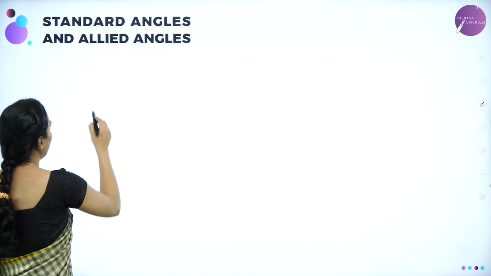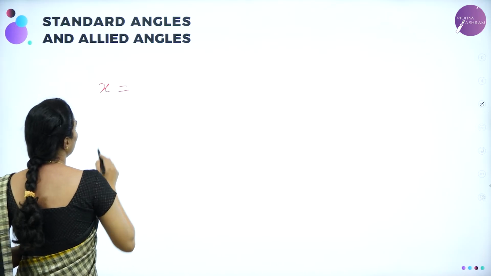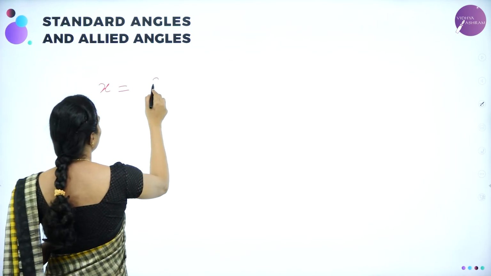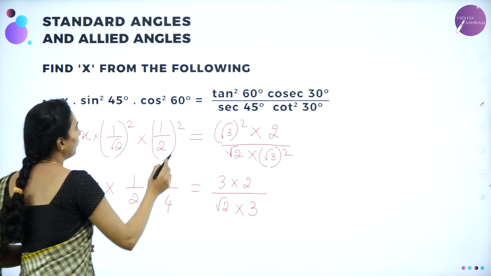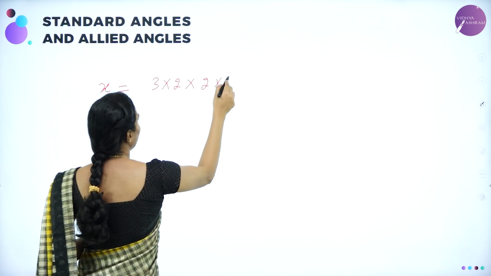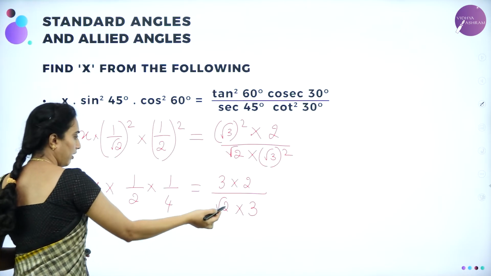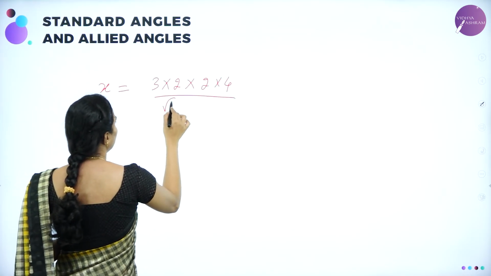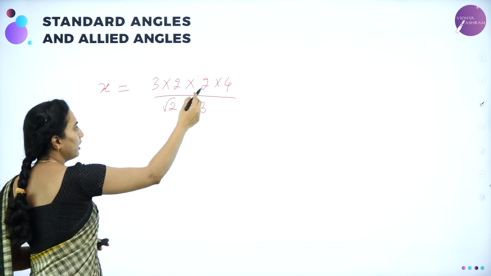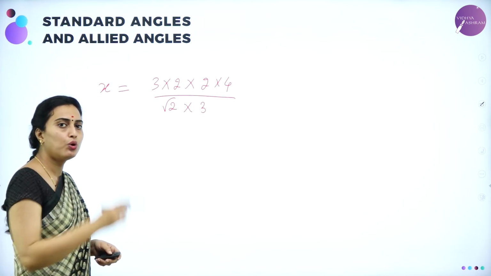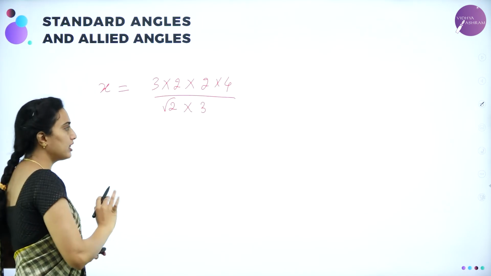Let me cross multiply. x will be equal to, what are you having? 3 into 2, into this 2 into 4. That is 2 into 4, divided by, what are you having in the denominator? Root 2 into 3. Right? So what will get cancelled? 2 can be written as root 2 into root 2. 1 root 2, 1 root 2 will get cancelled.